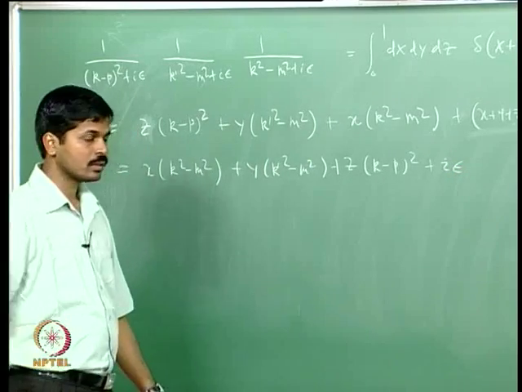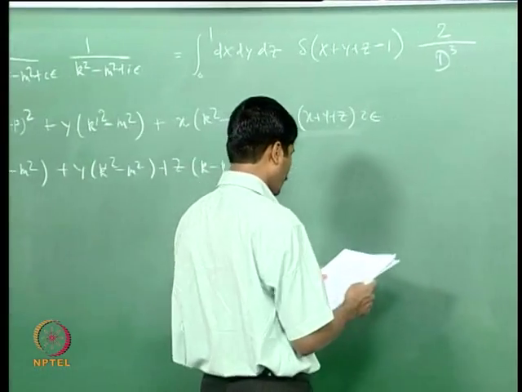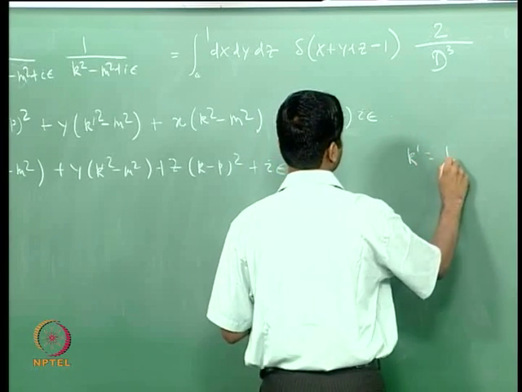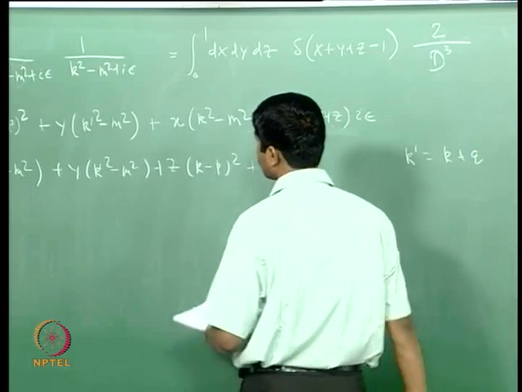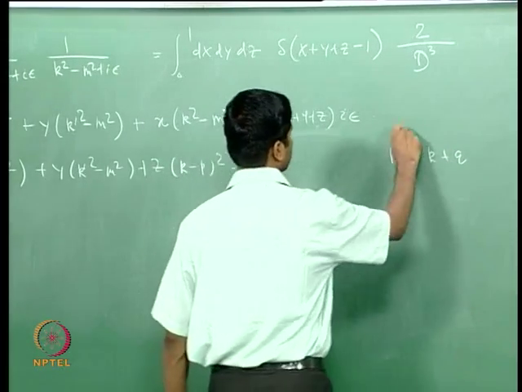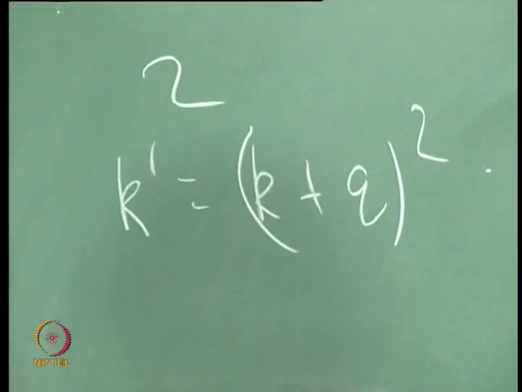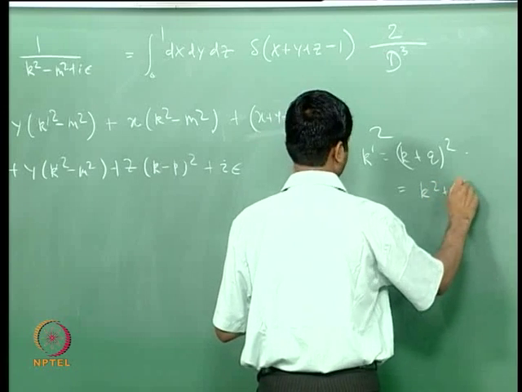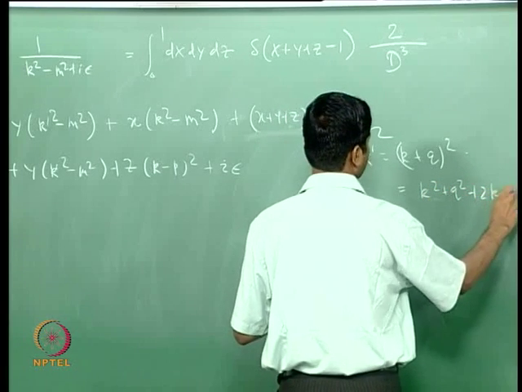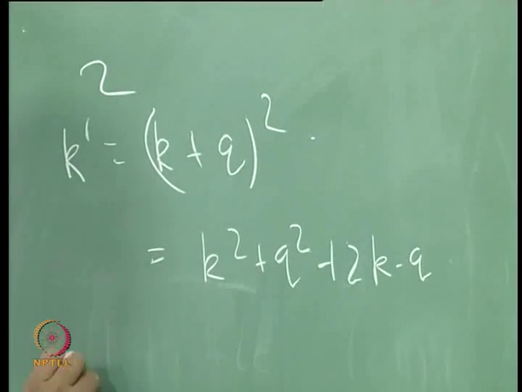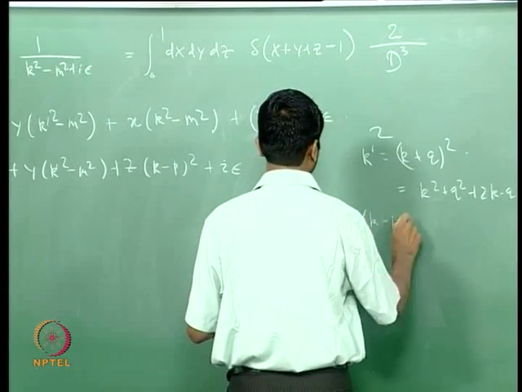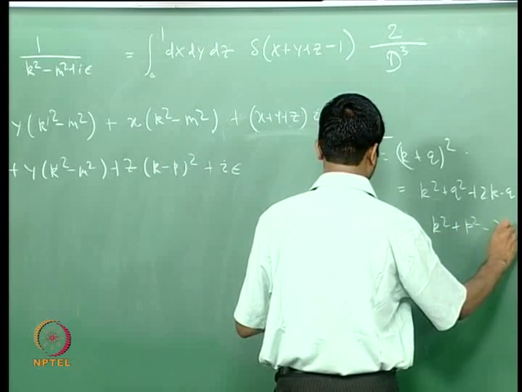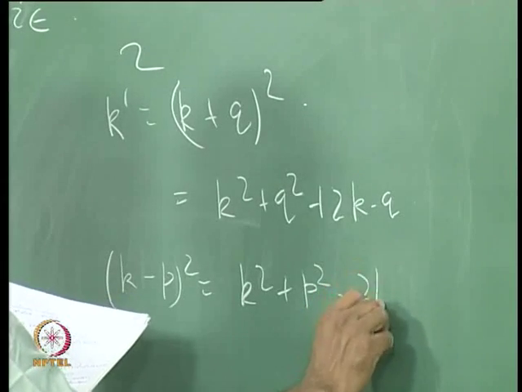Okay. Now I will use the fact that k prime is equal to k plus q. So k prime square is just k plus q whole square, which is k square plus q square plus 2k dot q. Similarly, k minus p square is k square plus p square minus 2 k dot p.